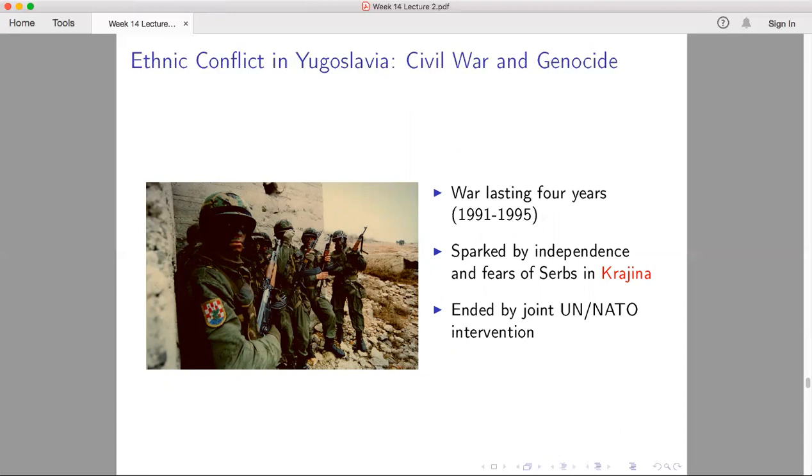So after seeing the death toll rise in this area, the UN sponsors a peacekeeping force and NATO engages in air raids to remove Serbs from the Croatian territory to support Croatian independence. And eventually we get an independent Croatian state in the 1990s.